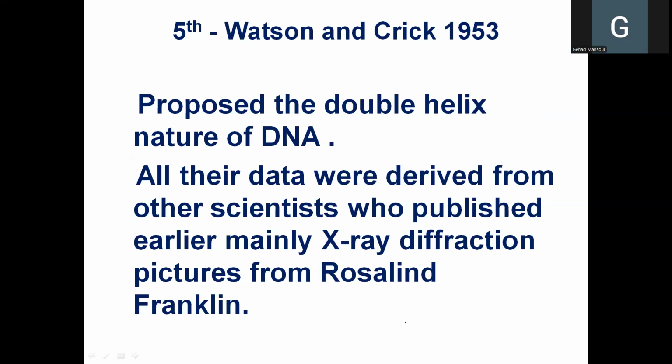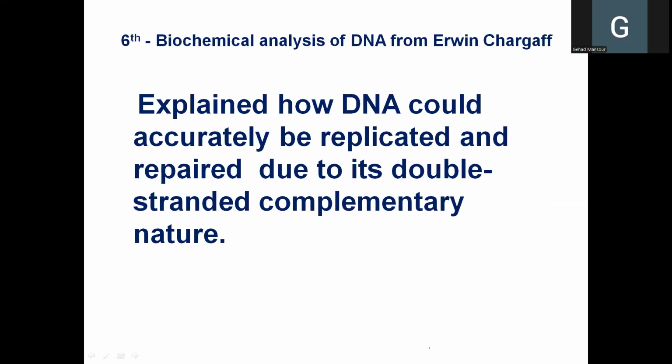All the data they got for the double helix nature of the DNA molecule were derived from the work of Rosalind Franklin. But Rosalind Franklin had published this work earlier, especially the work on X-ray diffraction.